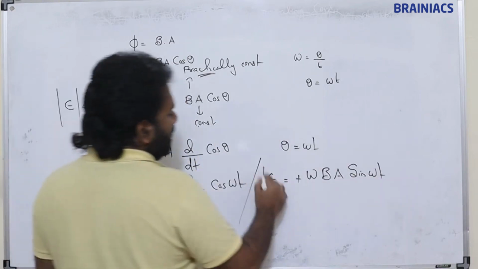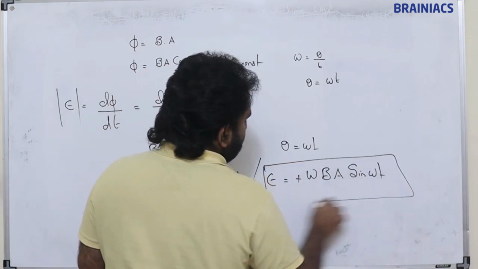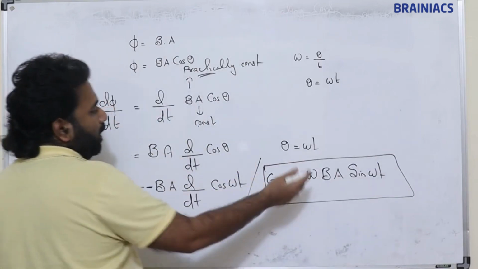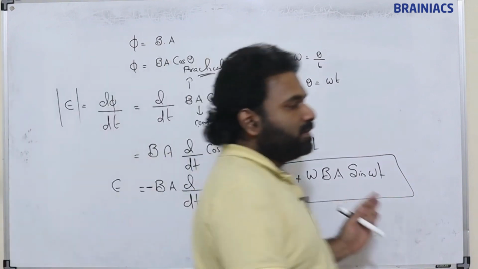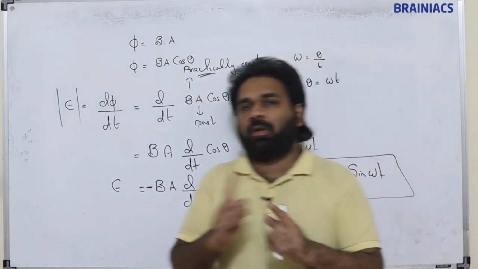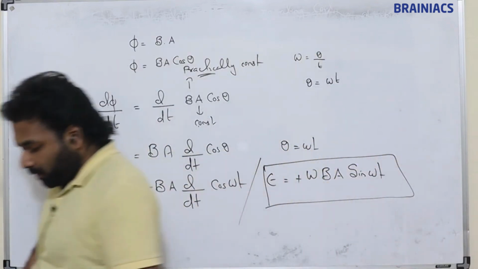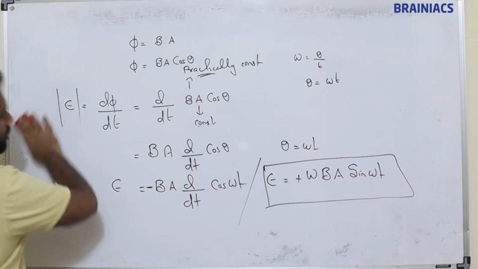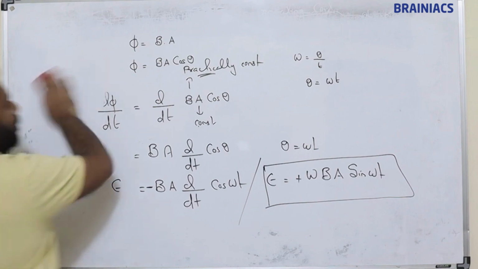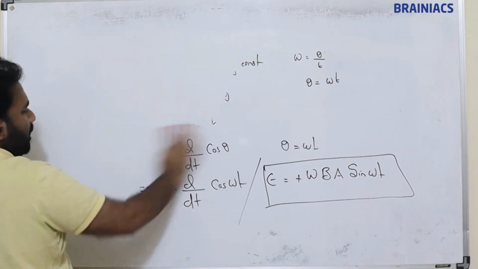So the induced EMF is BA omega sin omega t. Clear? This is the induced EMF if we keep on rotating the coil. That is the formula for induced EMF when rotating the coil.